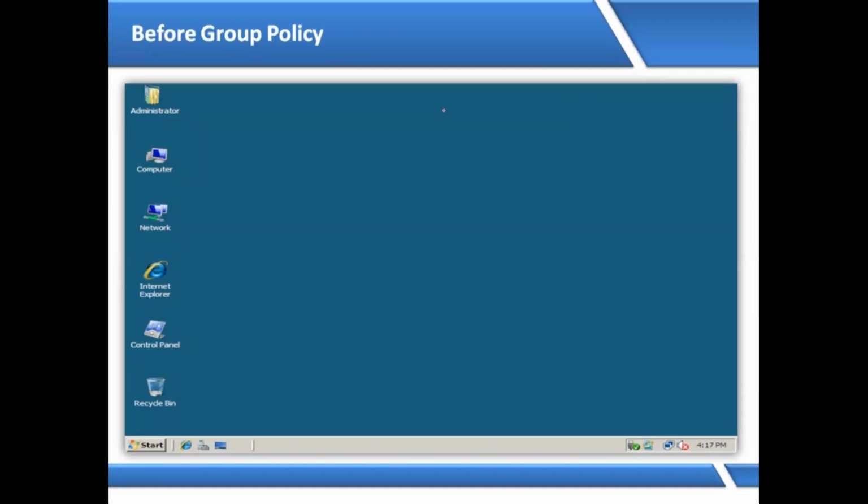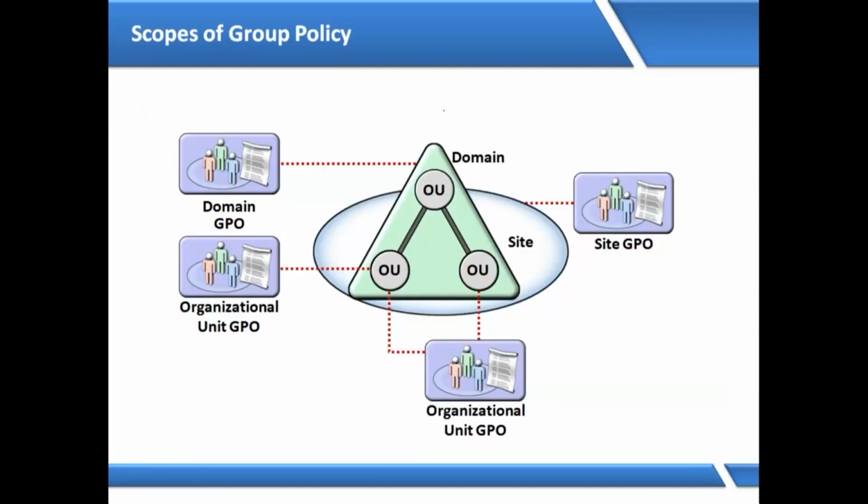From the DC machine. How to do that, we'll see in the practical. But now you see the effect. Before the policy, it is like that. Now after the group policy is applied, can you see the difference? Yes. So this is what we can achieve with the help of the group policy.